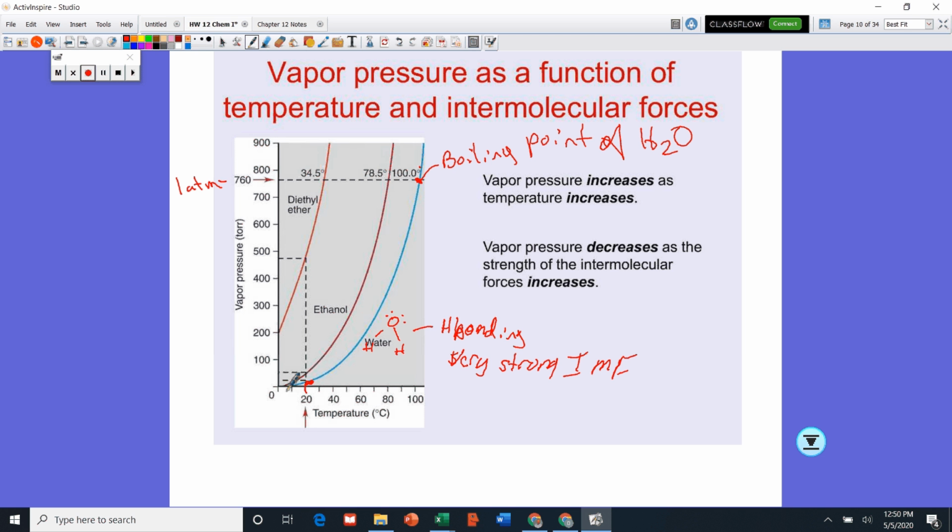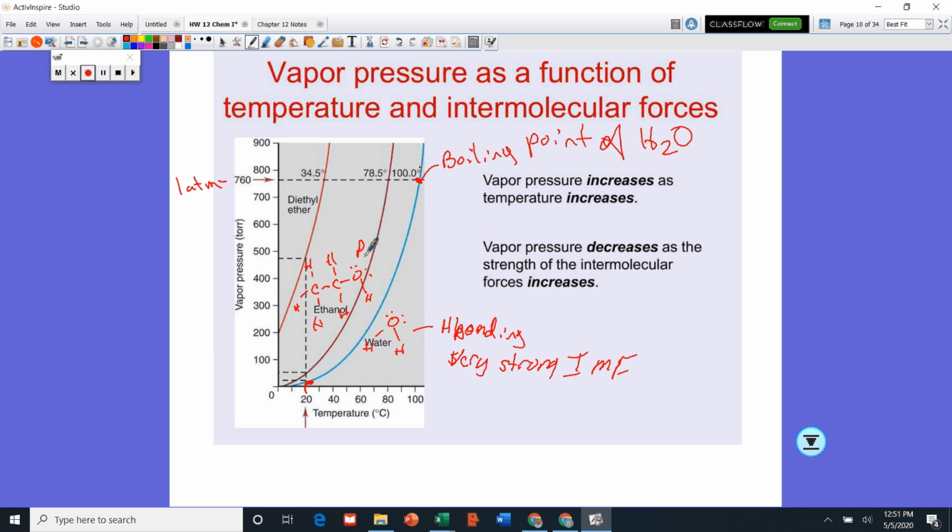Now, looking at ethanol, ethanol is a 2-carbon structure that has hydrogens around one side, and then it's going to have an oxygen and a hydrogen like this. This is a very simplified version of it, but this is ethanol.